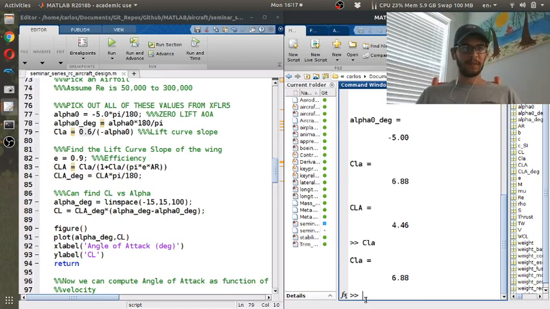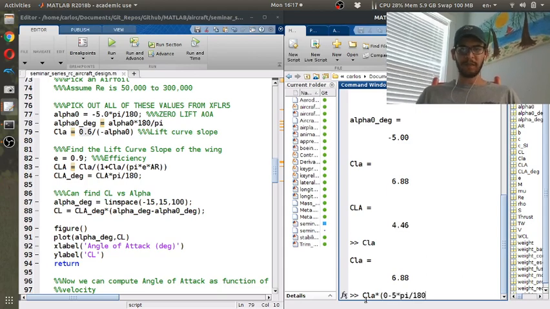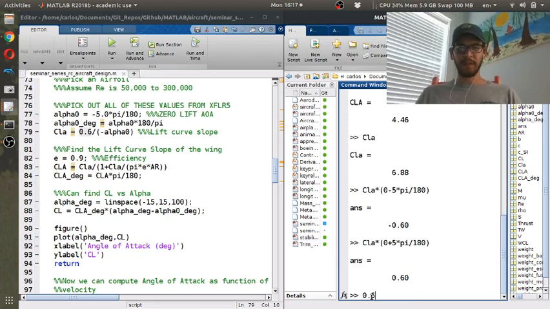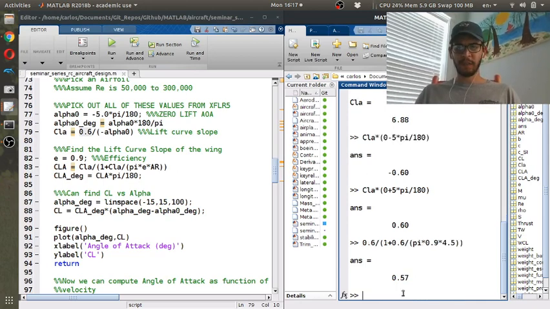So CLA times 0 minus 5 times pi over 180. Minus is a plus. So yeah, you get 0.6. And then if you do 0.6 divided by 1 plus 0.6 over pi times 0.9 times 4.5, you get 0.57.